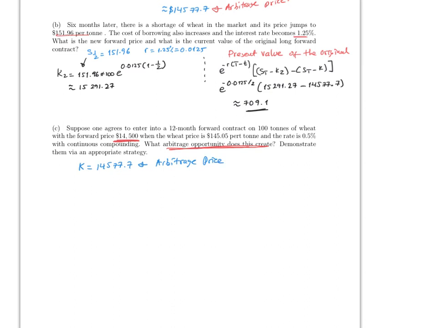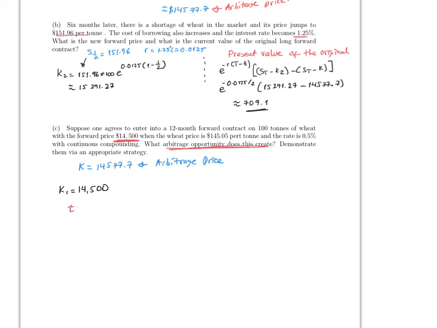Any other price besides this will create an arbitrage opportunity, which means a risk-free profit, and that's what I'm going to show you right now. So if somebody is willing to pay 14,500, then this will be the strategy.